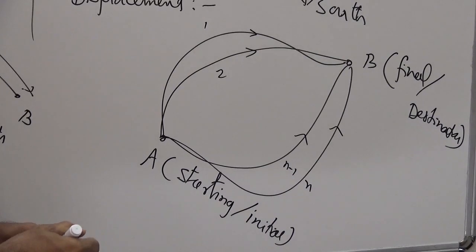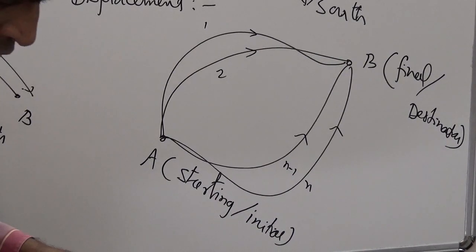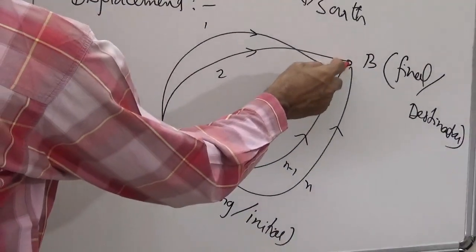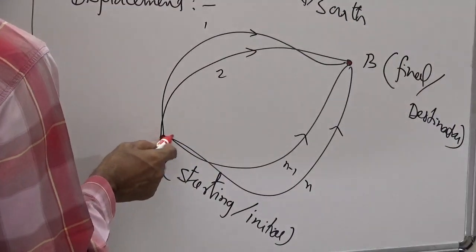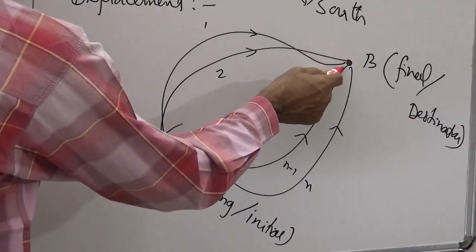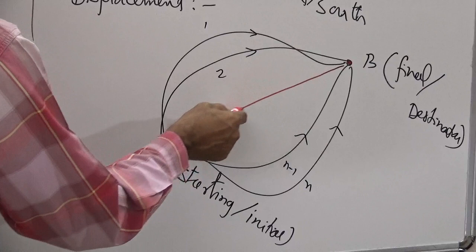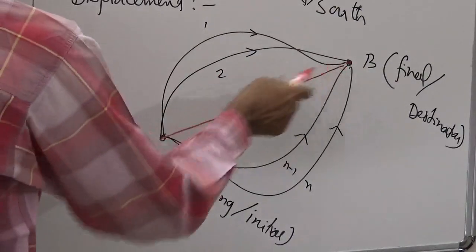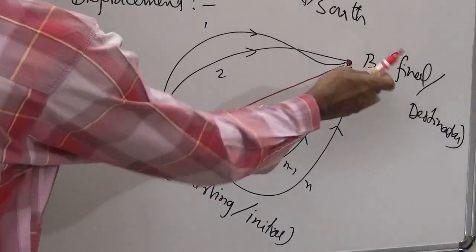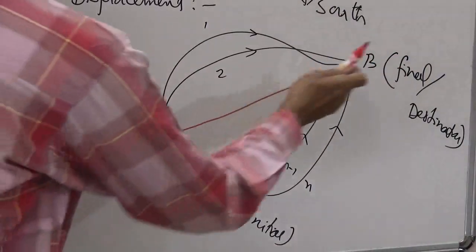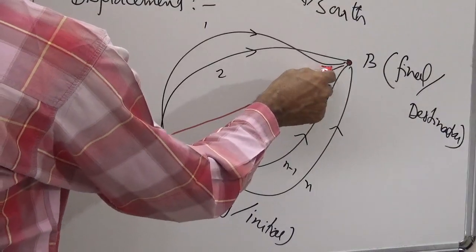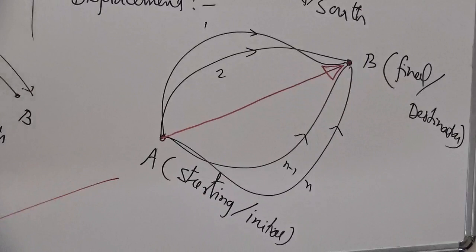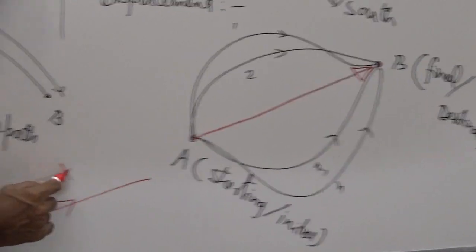However, your result is the same. What is the result? To get to the final point B from A. So the straight line distance, the shortest distance between the initial and final point, is given an arrow towards the final point. This is correct, but this is wrong.